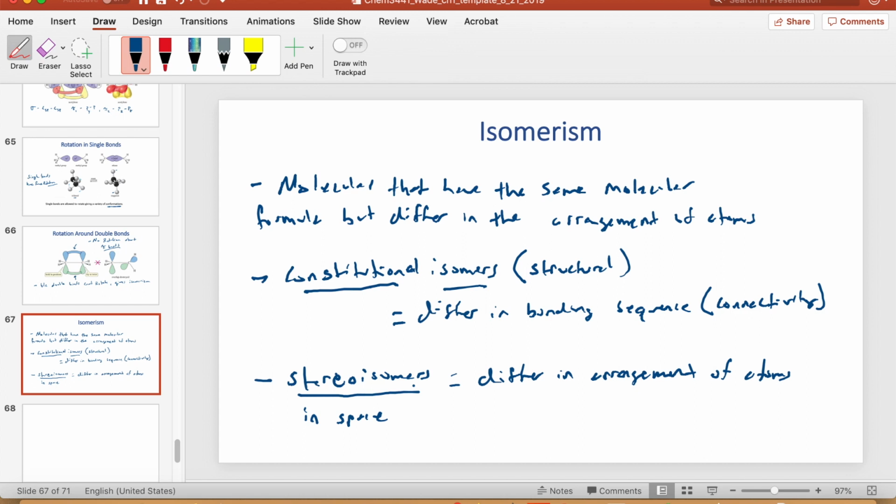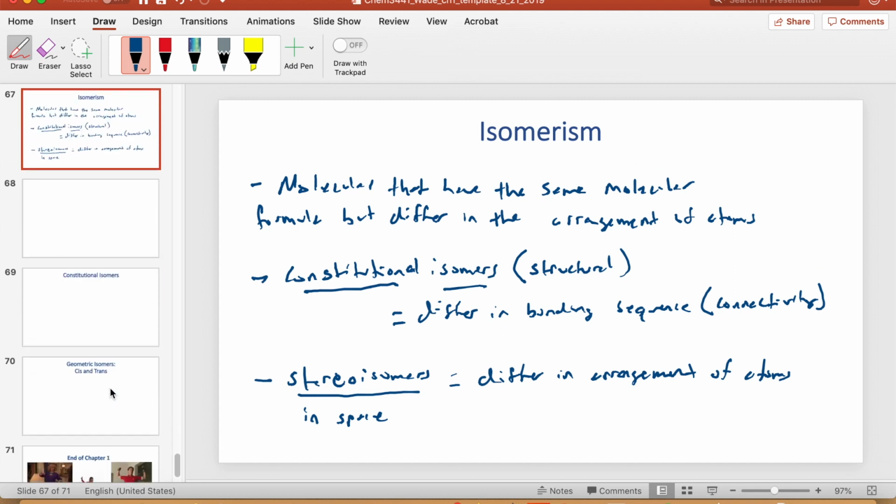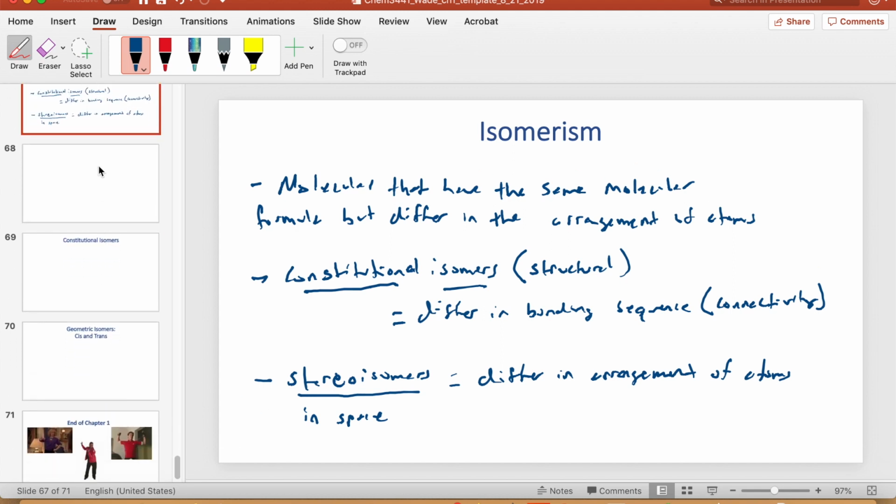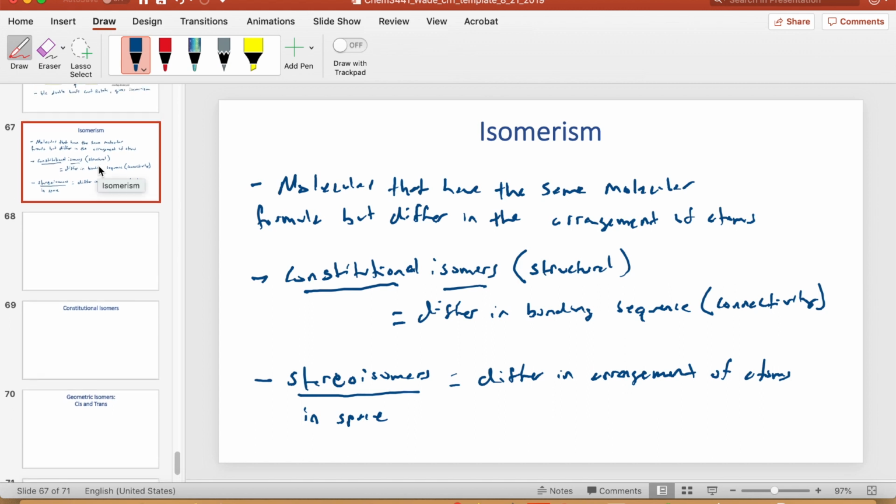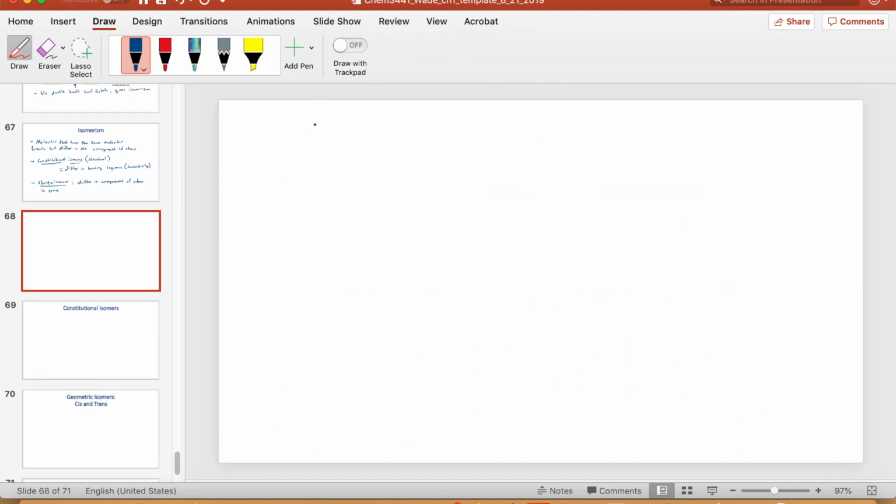Because they can't rotate, they fall into this category that's over here, stereoisomers. So just as a quick look here, we have, of course, constitutional isomers. These are the ones that are just kind of put together differently.